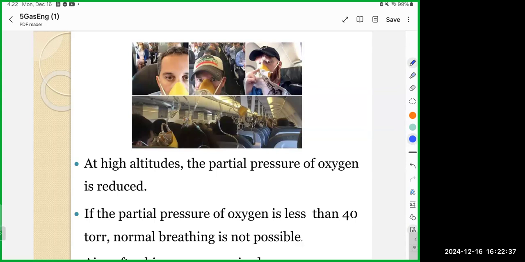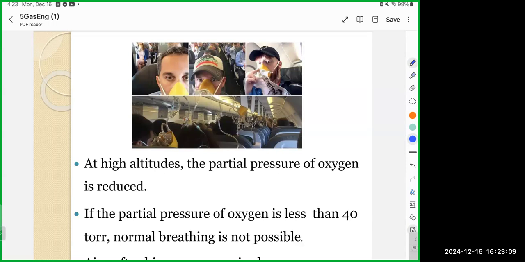However, there might be some incidents where the pressure inside the plane would not be normal. There will be a mask, shown here in the picture, that drops in front of your face. So you can use the mask to breathe air with the normal pressure.